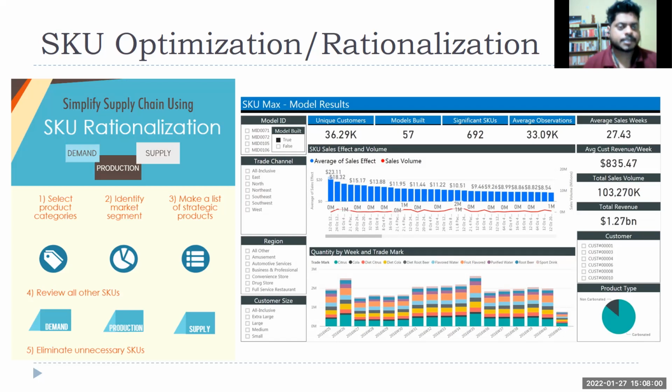Eliminate unnecessary SKUs. This is a periodic review because, like I said, some SKU which was very important at a certain point of time may not be important in the next month. So you have to keep updating the items. And some have seasonal patterns. Now the summer season is coming in electronic stores and similar stores.